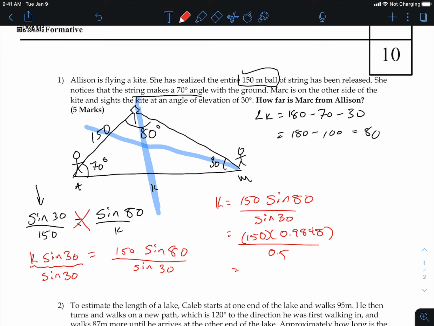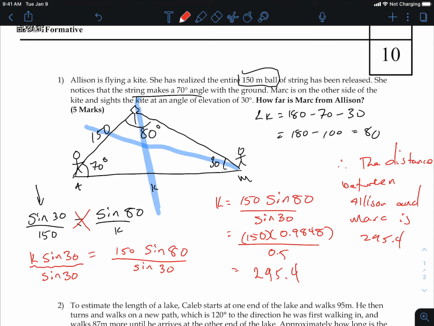Do we know what the answer is? 295.4? Yeah. Okay. Therefore, the distance between Allison and Mark is 295.4 meters. Yeah, meters.